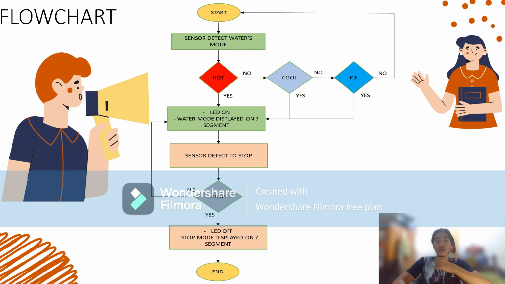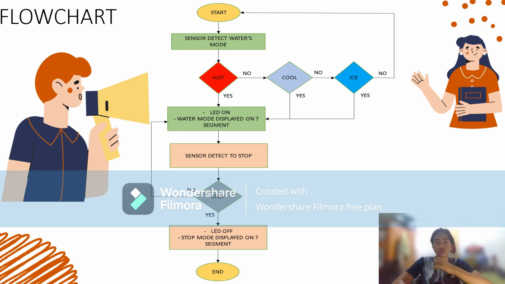hot water. After a few moments, the sensor detects to stop, and when the user removes their cup of water away from the water dispenser, the process will stop, and the LED will be off, so the stop mode is displayed on the seven segment, and it will end the process.